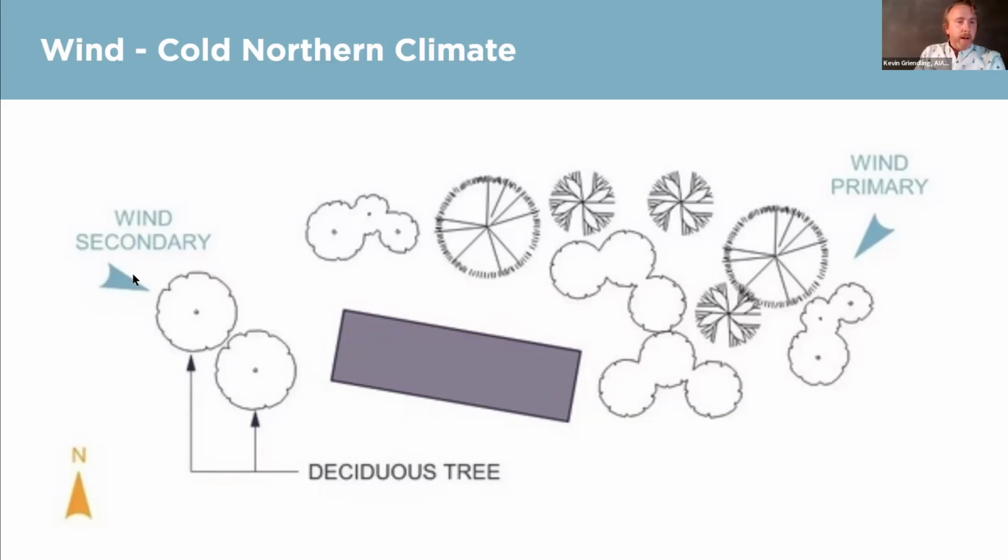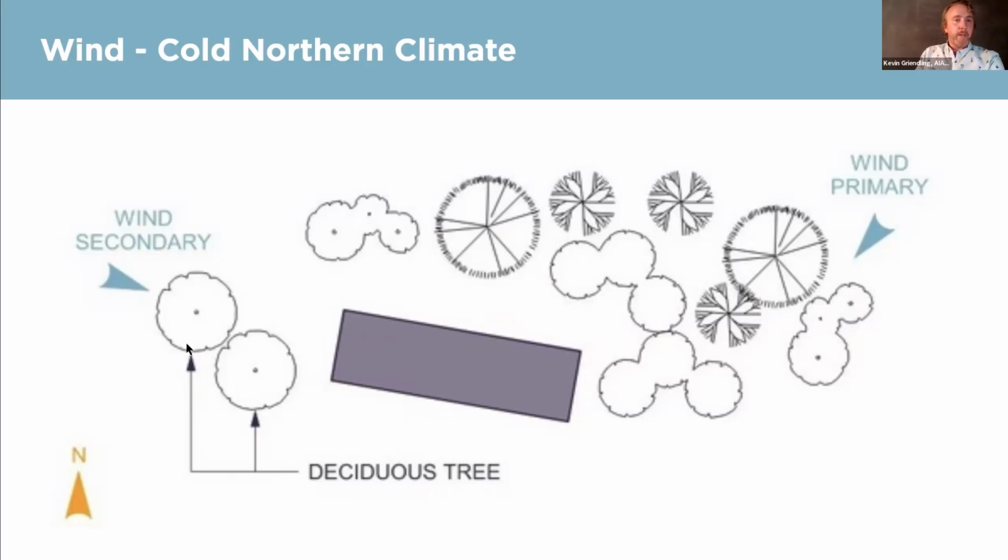Anyway, you have those two primary concerns, but you have a lot of wind you need to block from the northwest, and so you'll guard your building from the northwest. And on the secondary side, sorry, the northeast, I should have said.